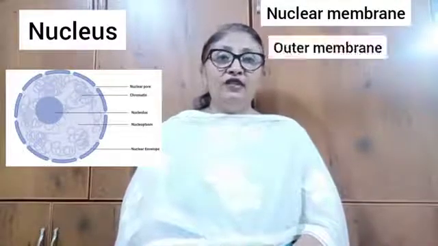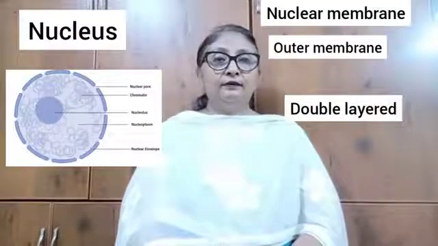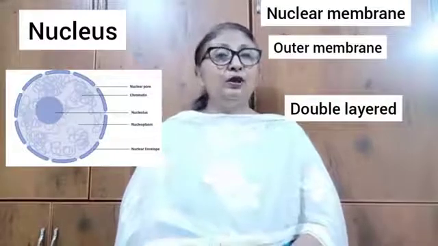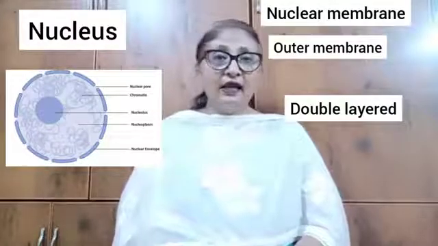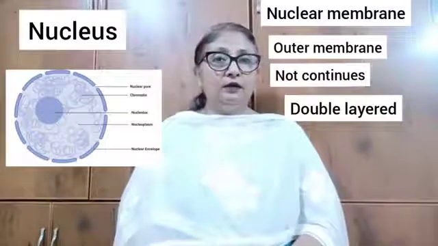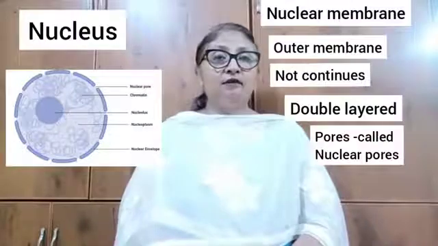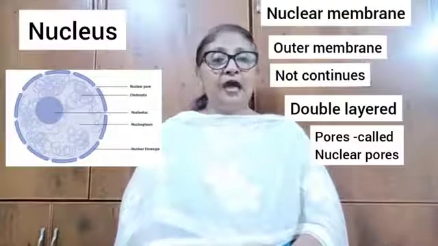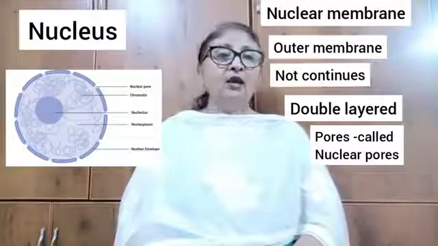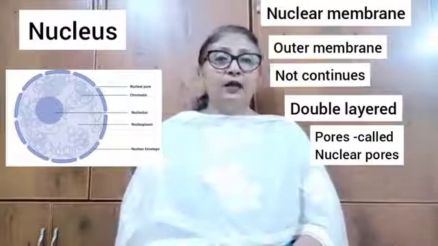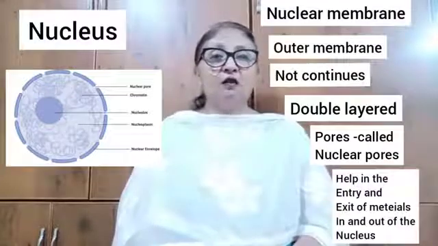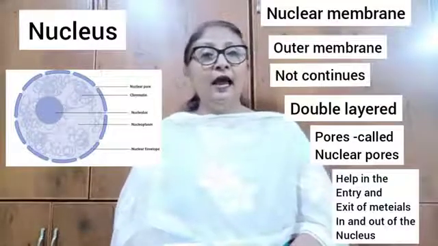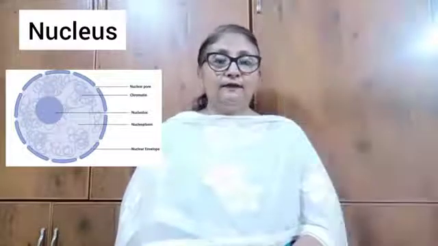Nucleus has an outer membrane which is double layered, and this membrane is called nuclear membrane. The nuclear membrane is not a continuous one. There are pores found in them, and these pores are known as nuclear pores. The nuclear pores help in the entry and exit of materials in and out of the nucleus.